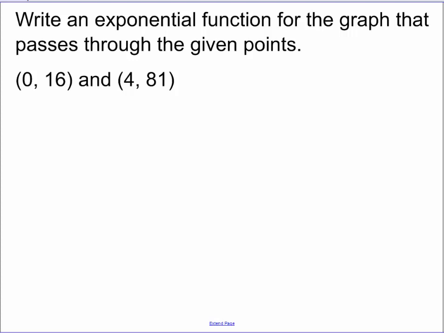Okay, write an exponential function for the graph that contains these 2 points. Remember, our exponential function is y equals a times b to the x. And remember, here I have an x and a y, an x and a y. Now, a key thing, and I sure hope we're paying attention and not just fast forwarding through the video, there's a reason that they give you one of the points as 0 and 16.